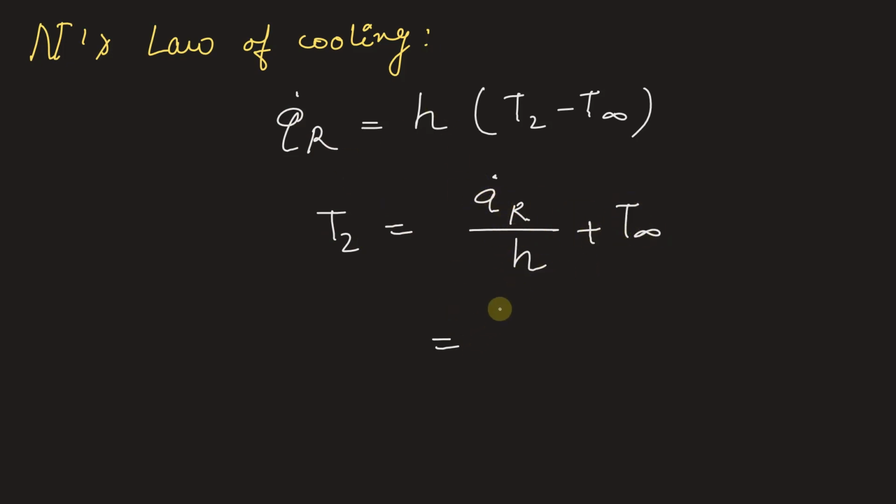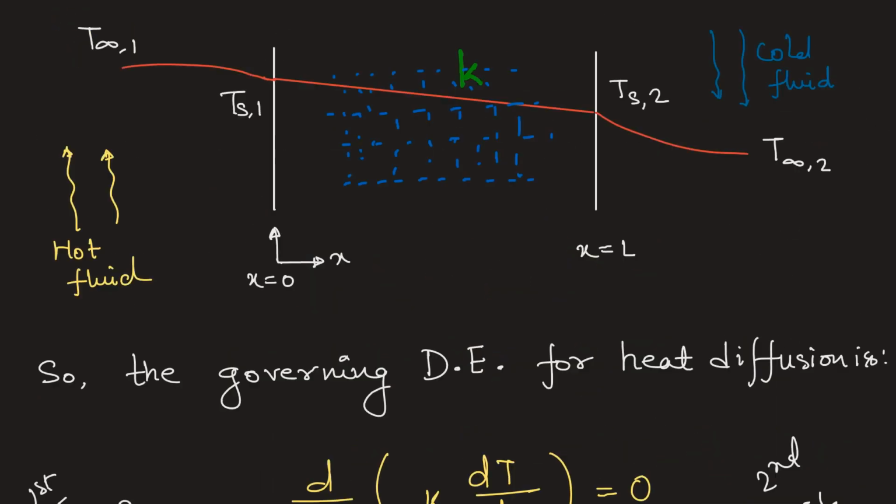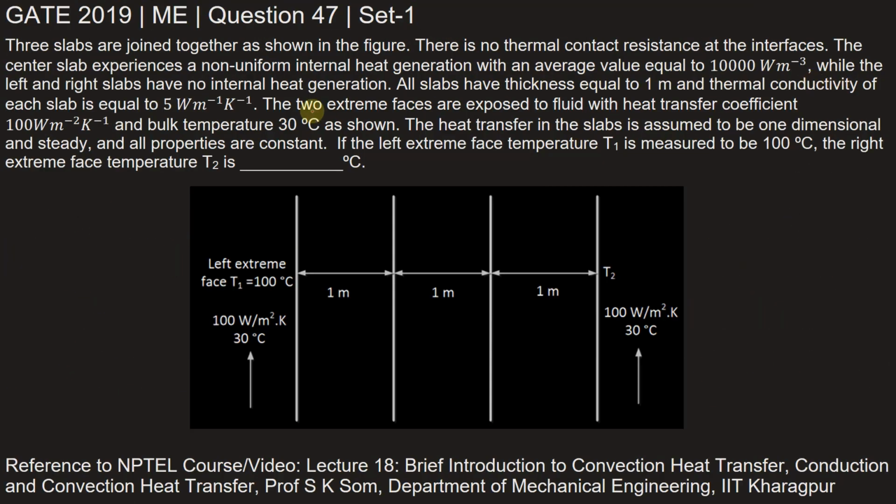We got this value as 3000, and h we already know is 100, plus T infinity is given as 30. So T2 comes out to be 60 degrees Celsius. So this will be our final answer. Now let's go back to the question and write the answer properly.